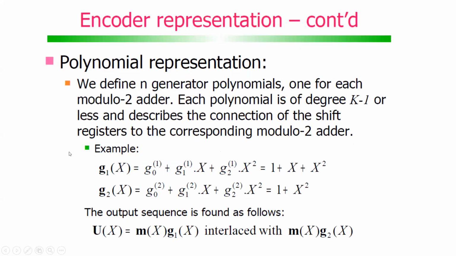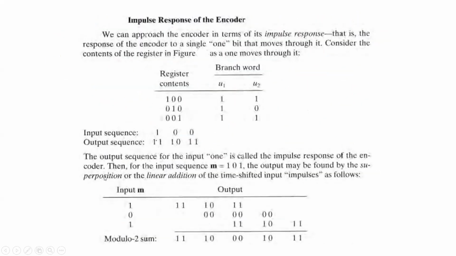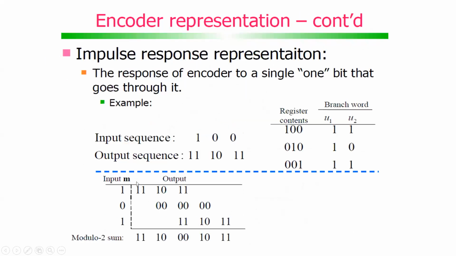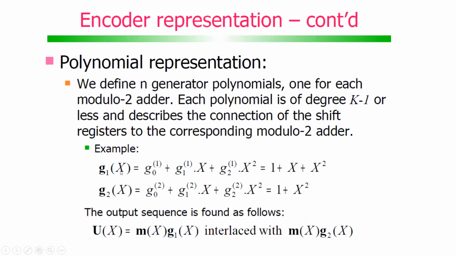I can also represent this encoder using a polynomial representation. If you remember, G1 was 1 1 1. If I use capital X as the argument, I can write G1(x) as a polynomial: 1 plus x plus x square.